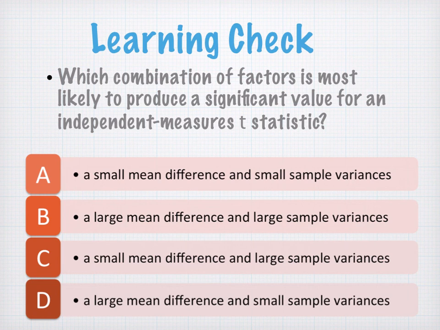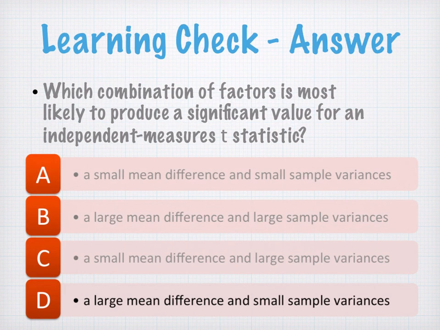So really think about that t statistic and figure out which one of these is most likely to produce the significant value. Your signal is usually in your mean, and your variance is your noise, to give you some hints. But please pause the video and go find that answer.